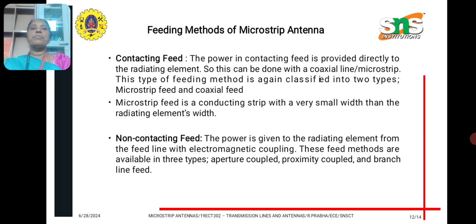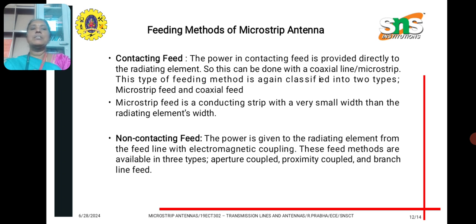This type of feeding method is again classified into two types: one is the microstrip feed and the other is the coaxial feed. The microstrip feed is a conducting strip with a very small width compared to the radiating element's width. In non-contacting feed, the power is given to the radiating element from the feed line with electromagnetic coupling.